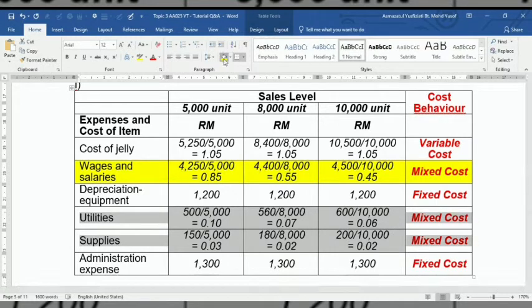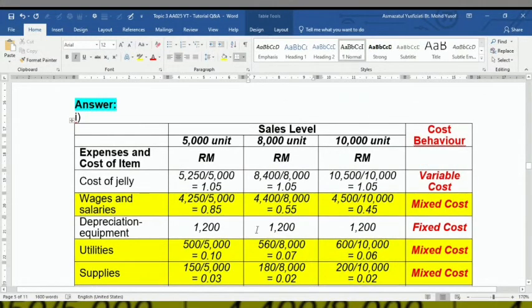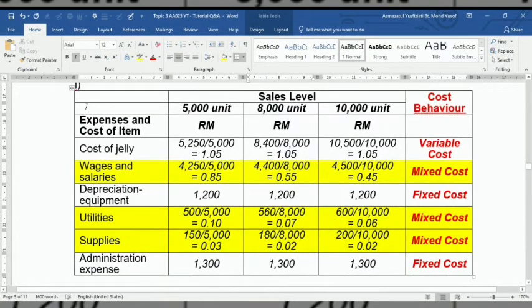Okay, so I highlight the mixed cost. Why? Because at the question just now, it mentioned about the mixed cost. Okay, for the mixed cost, you have to segregate atau you have to pecahkan the variable cost and the fixed cost. Okay, so this is the answer for 1 Roman, yeah, the cost behavior.